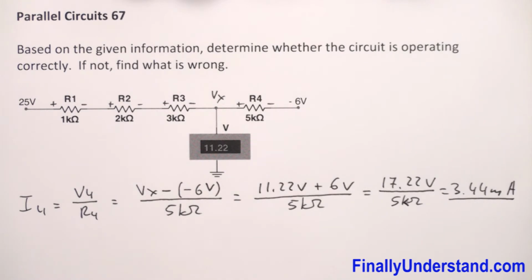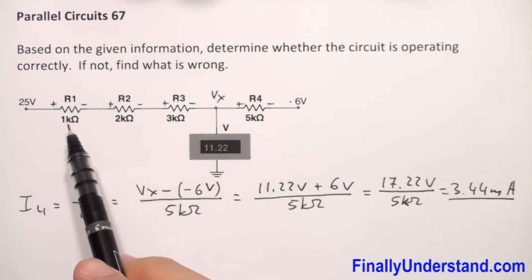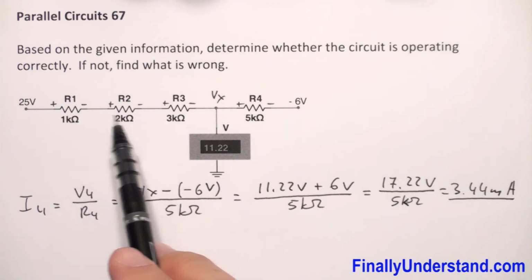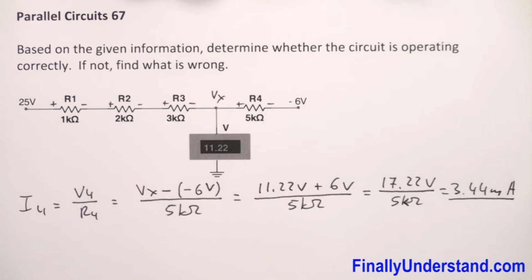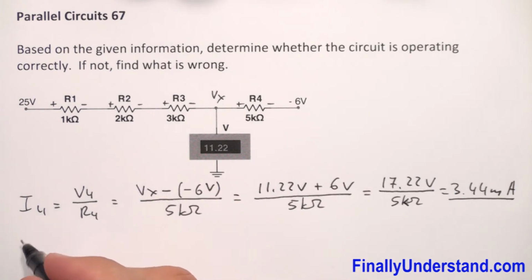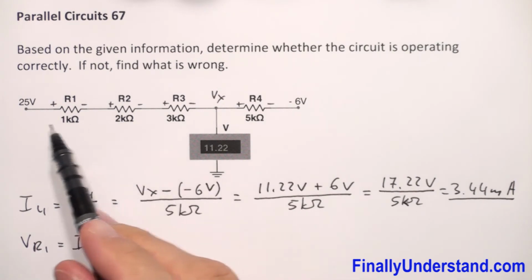Next, I would simply use this current and find the voltages across these 3 resistors. As I said, there are many ways to solve this problem, but I'm going to use this one. So VR1 is equal to I total times R1. Keep in mind that this is a series circuit.